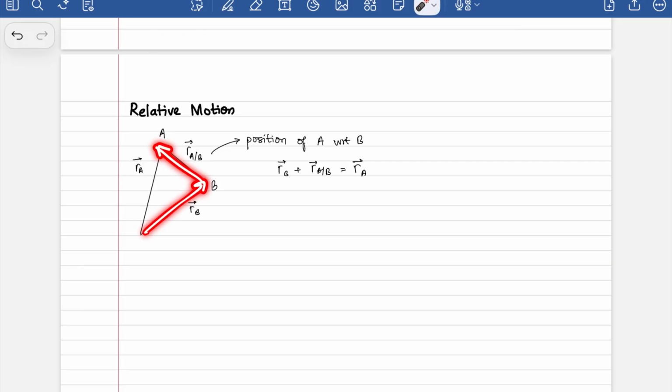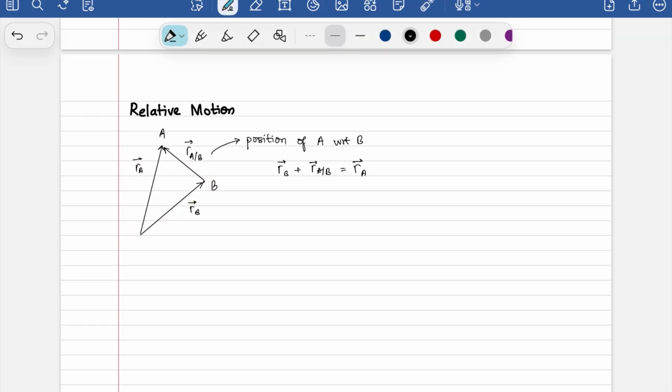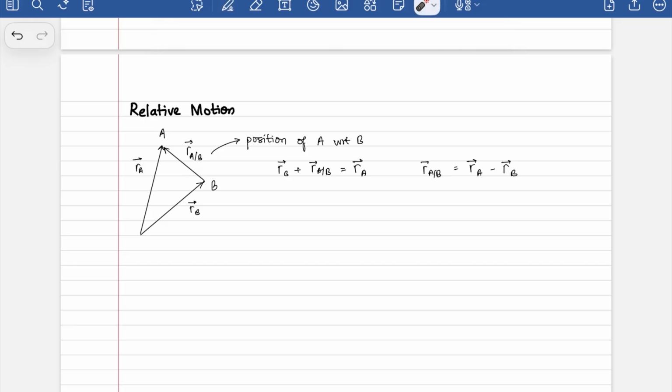This plus this is equal to that, right? So I like to remember it as the position vector of A with respect to B is equal to the position vector of A minus the position vector of B. The reason I like to remember it that way is because it comes in the same order. So A with respect to B, A, B.